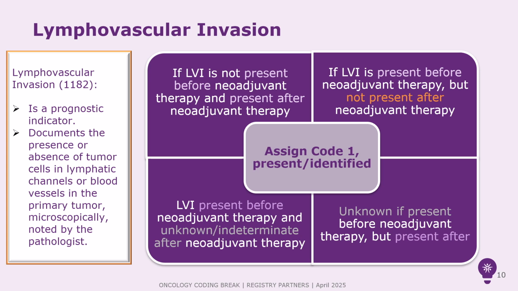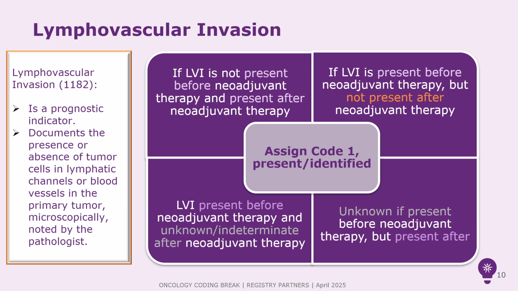Lymphovascular invasion is a prognostic indicator. It documents the presence or absence of tumor cells in the lymphatic channels or blood vessels in the primary tumor, microscopically noted by the pathologist. If LVI is not present before neoadjuvant therapy and present after neoadjuvant therapy, we assign code 1.